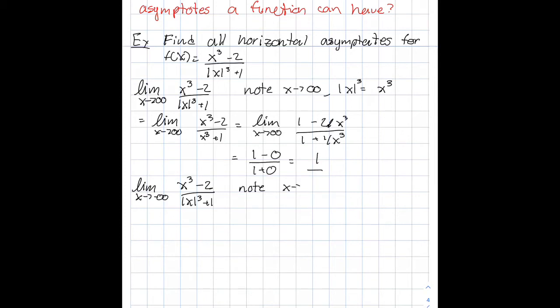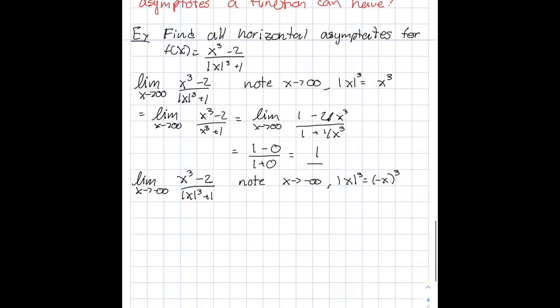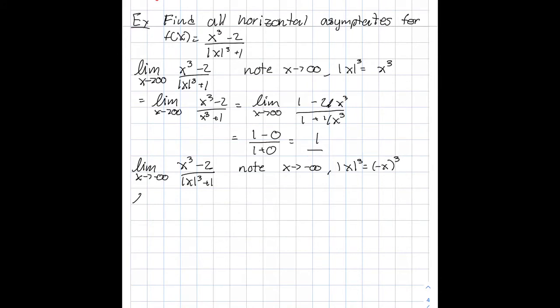Note as x goes to negative infinity, all those numbers are negative, and absolute value makes numbers positive, so the absolute value of x cubed is going to be a negative x cubed. Because if I'm plugging in like a negative 100 into x, negative 100 cubed gives me a negative, and the negative in front will give me a positive number. So that's why that negative is in front of the x cubed.